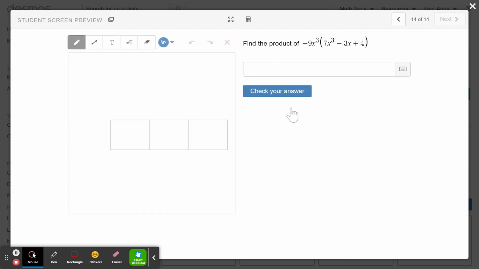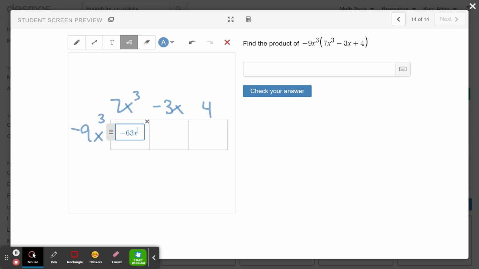And then lastly, this is a monomial, 1 term, times a trinomial. Negative 9 times 7 is negative 63. Add the exponents when you're multiplying the same base.